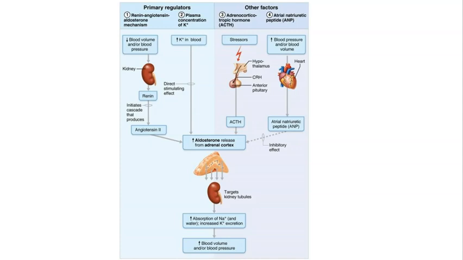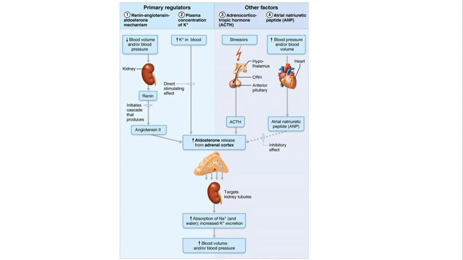Under severe stress, more adrenocorticotropic hormone will be released from the anterior pituitary, which is going to prompt the release of more aldosterone. This will increase blood volume and pressure during stressful situations.